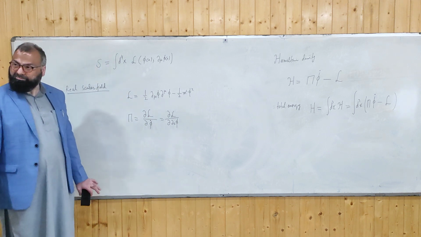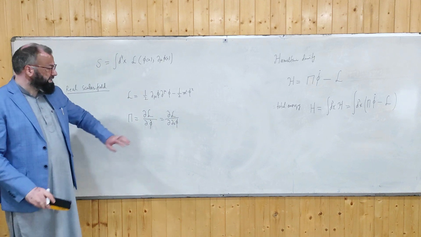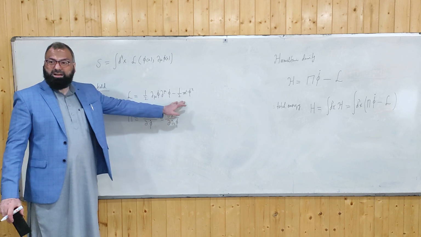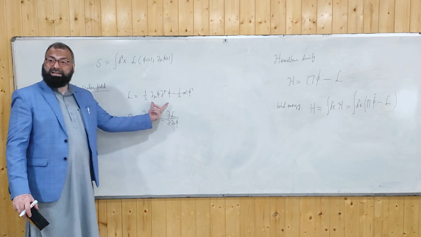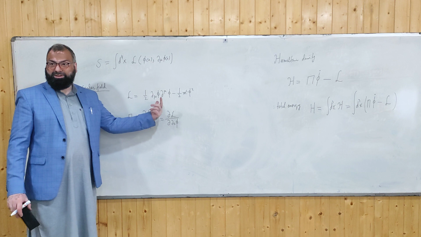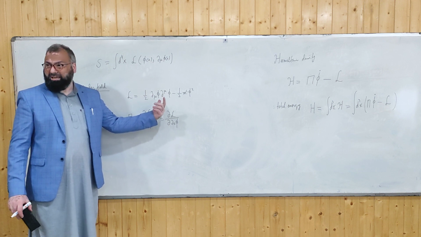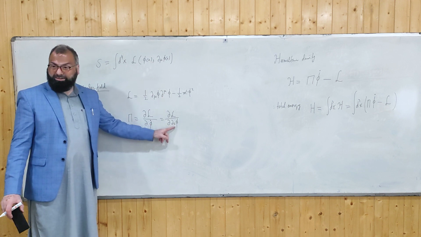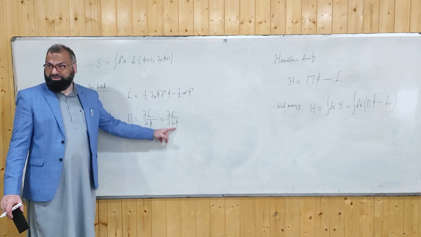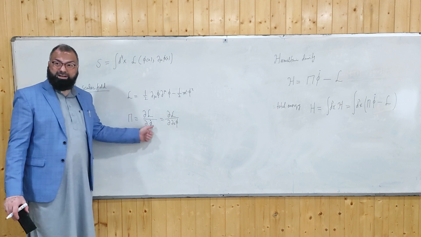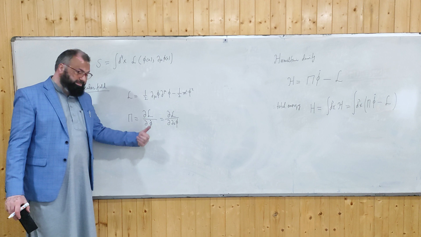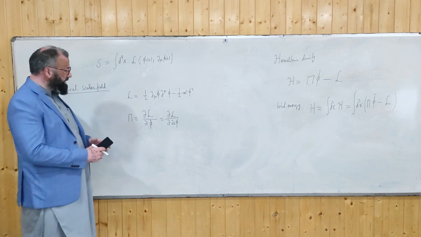Just tell me, which terms contain the derivatives? This contains the derivatives, time derivative as well as the space derivative. But I need to calculate with respect to the time derivative. So with respect to phi dot, I have to calculate this partial L by partial phi dot. How to do it?